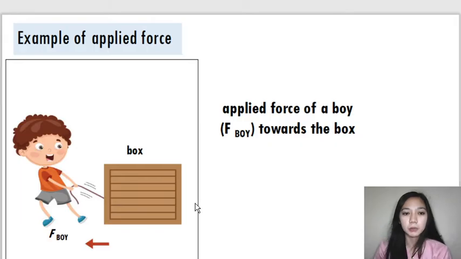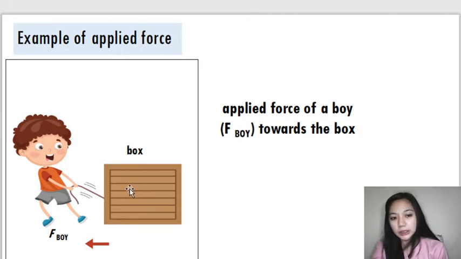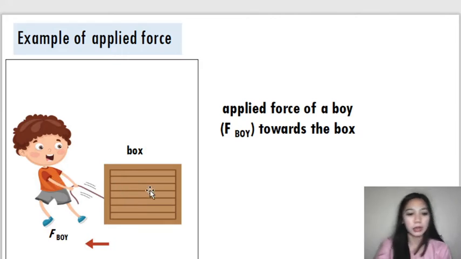Next, let's try this one. In this picture, we have a boy who is pulling a box. Okay, we have two objects, the box and we have the boy. Between the two, of course, this is an example of applied force kasi merong physical contact between the boy and the box. Okay, so dito, it is the boy who applies the applied force by pulling the box, pwedeng to the left.